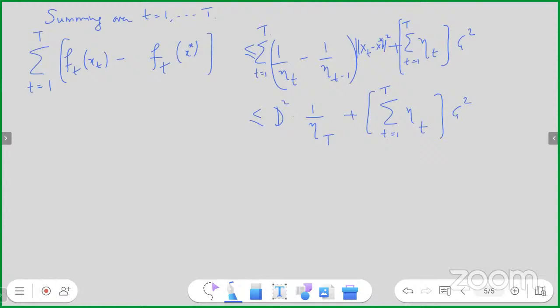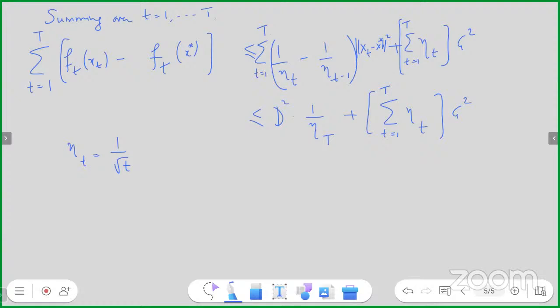Okay, so now the only thing remaining to choose is eta t. What should be my eta t to balance the two out? See, one is in the numerator and adding, one is sitting in the denominator. So if I choose eta t equal to 1 by square root t, is it sufficient first of all? I can do better, but if I do this, will the two terms have the same order?